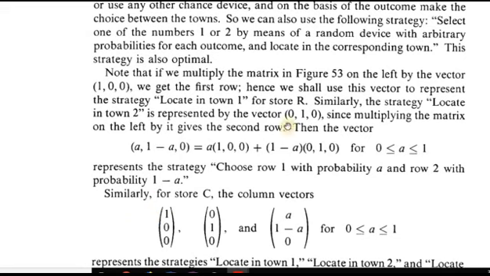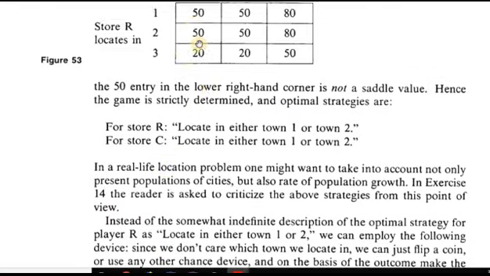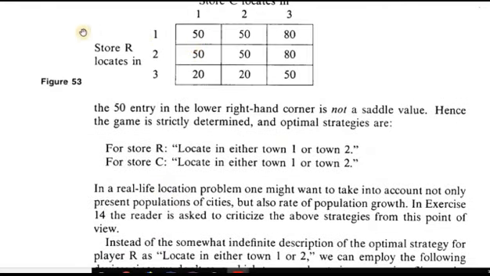So here we represent the column player's strategy by a similar strategy that's a column vector. Now, why do I represent player R's strategy with a row vector and player C's strategy with a column vector? Well, it turns out if I take this matrix up here and I multiply on the left by this strategy vector, I'm going to get my payoffs.